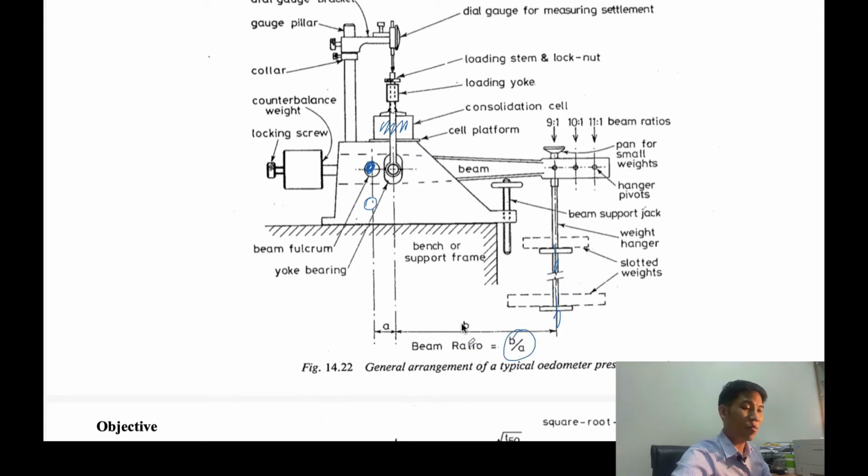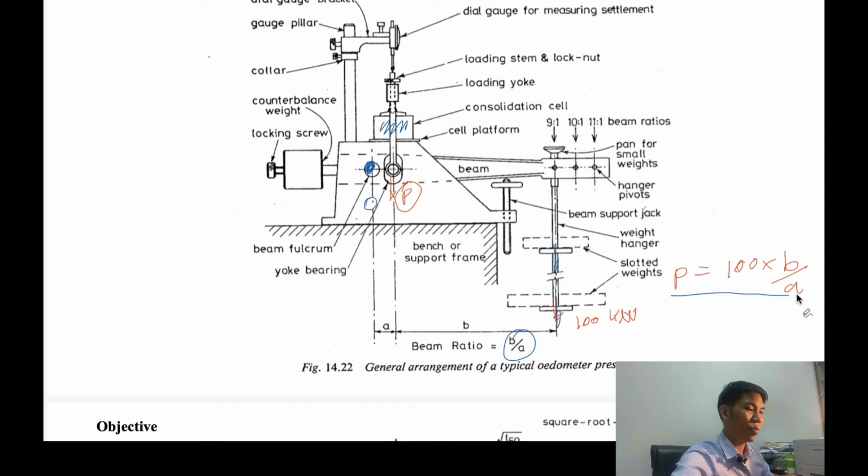Beam ratio is B over A. For example, if we add the load at this point equal to 100 kilonewton, the load acting at this point, P here, is equal to 100 multiplied by B over A.